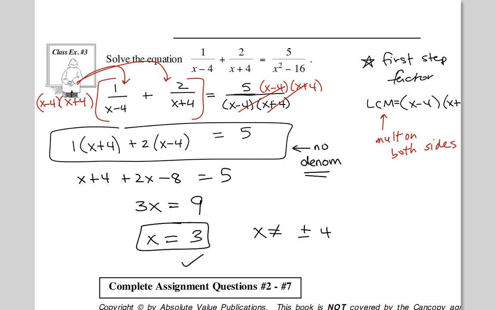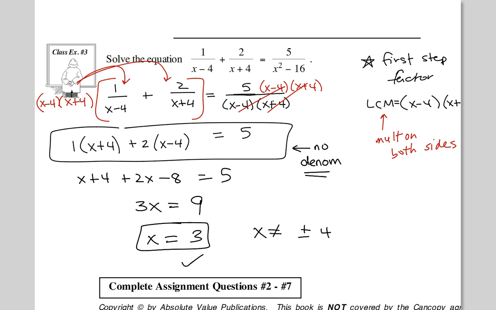Don't worry too much about the sketches. Rational graphs come later in the year, so there's not going to be sketches. So don't worry too much about sketching those. Yeah, it comes later.